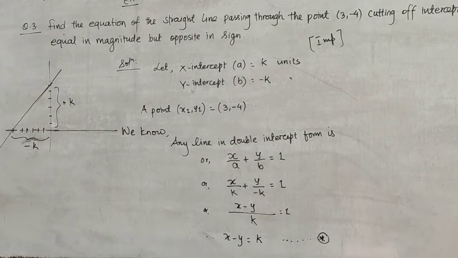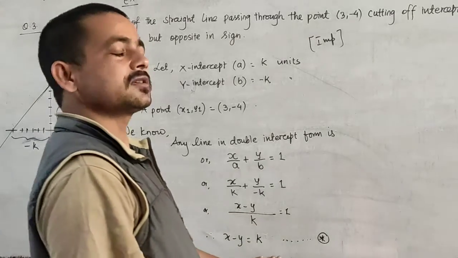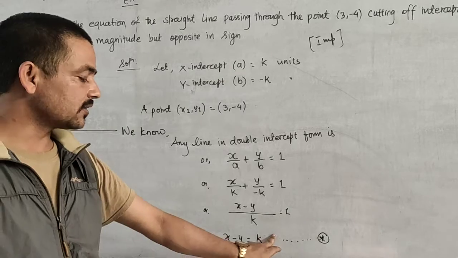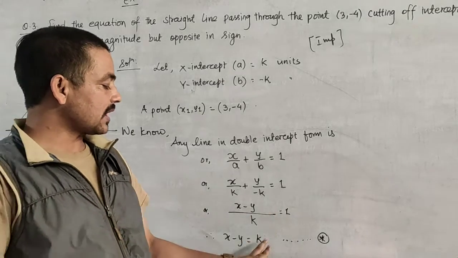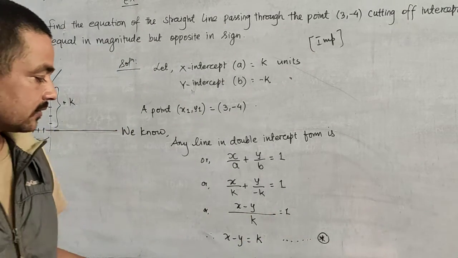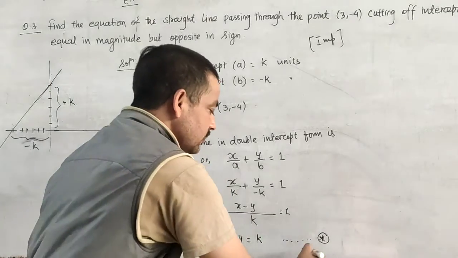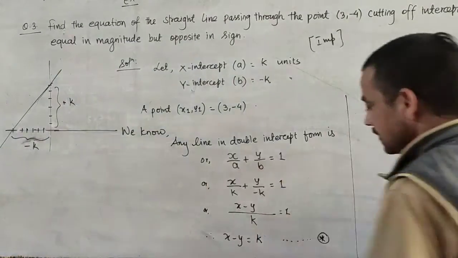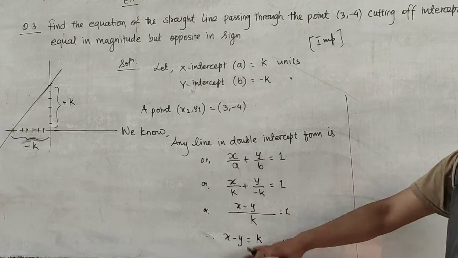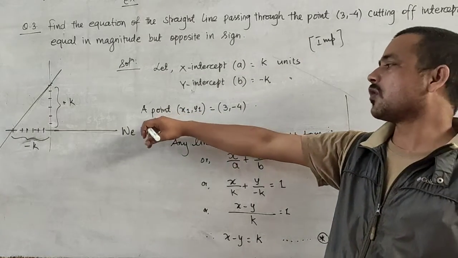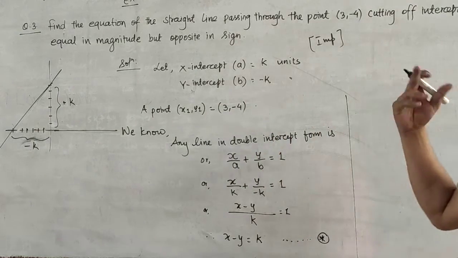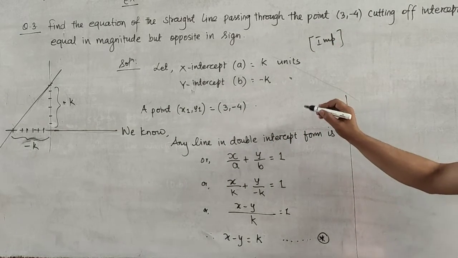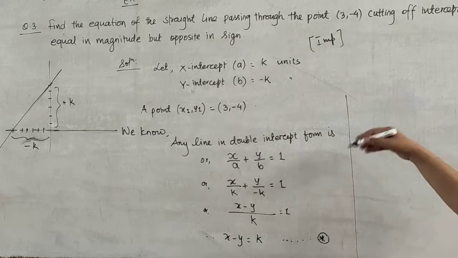That is the equation of that line, but this line is incomplete due to the value of unknown variable k. If we have the value of k, then this will be the answer, but right now it is incomplete. One more thing is given, a point (x1, y1) through which that line passes. That is not used yet, so we are going to use that.